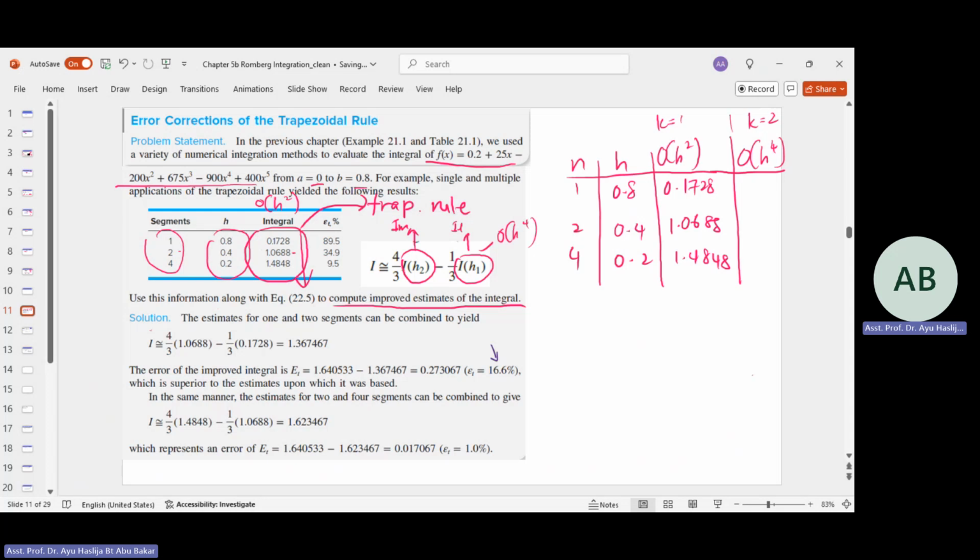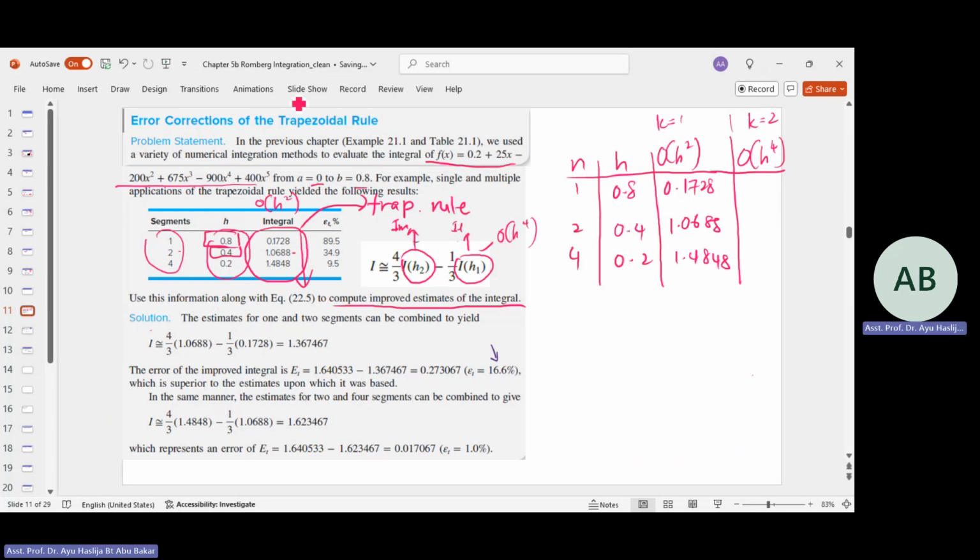Because h2, you see the h2, smaller distance. Smaller distance, more segments, you will have higher accuracy compared to h1. h1 is a larger distance, fewer segments, so lesser accuracy.